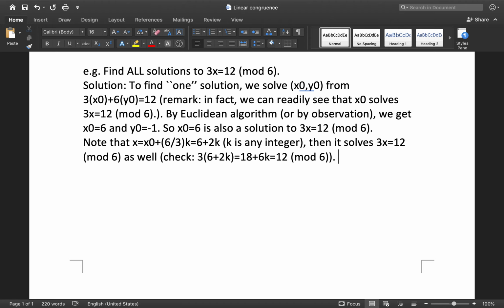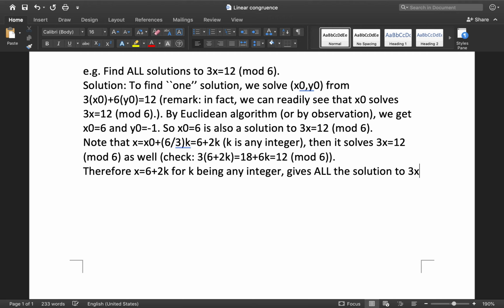So we have a more general solution. Therefore, in fact, we already got infinitely many solutions. So x equal to 6 plus 2k for k being any integer gives all the solutions to the problem 3x equal to 12 modulo 6.